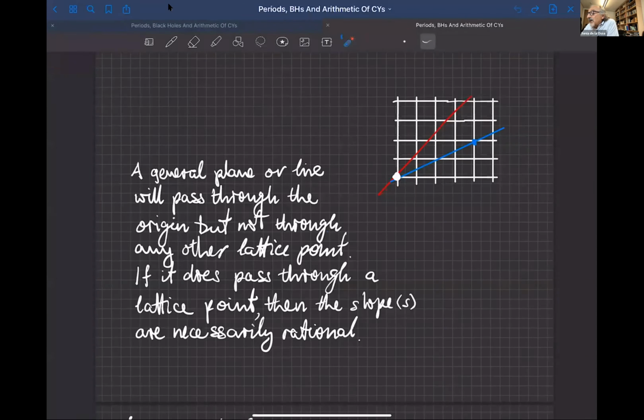So this can only happen if the slope is rational. That's what makes this very rare. And in the case of rank 2 attractors, this has to happen twice, so to speak, and this is exceptional.